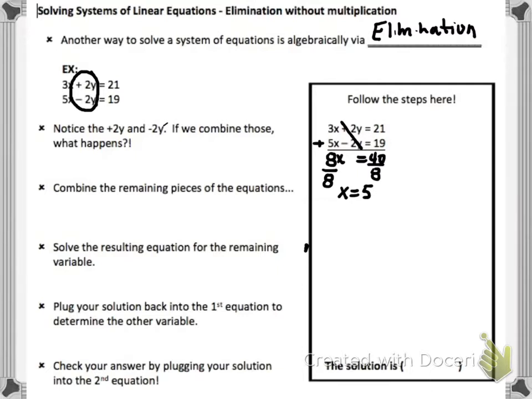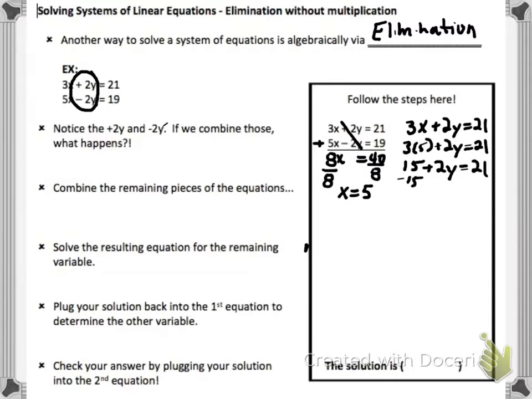Now I'm going to take that 5 and plug it back into one of my two equations to find my y value. I'll plug the 5 into 3x plus 2y equals 21, and I get 3 times 5 plus 2y equals 21. 3 times 5 is 15, plus 2y equals 21.